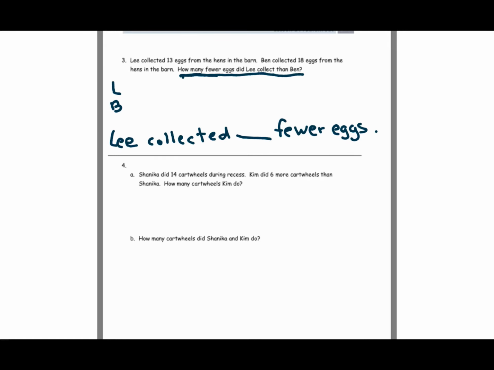And then I'm going to make a tape diagram for Lee. And Lee collected 13 eggs. That means I'm going to make a pretty long tape for Lee. And I'm also going to make the same size tape for Ben.